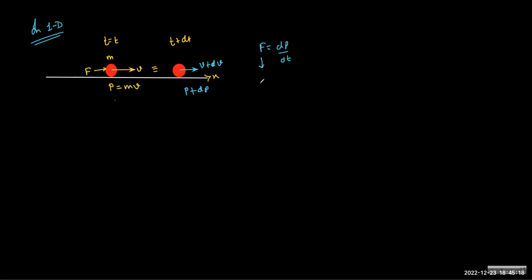What do we call this force? Instantaneous. Now, sometimes it is difficult to find the instantaneous force because you have no idea about the exact variation of force, how it is changing over time. So in such a case, we define something called the average force.